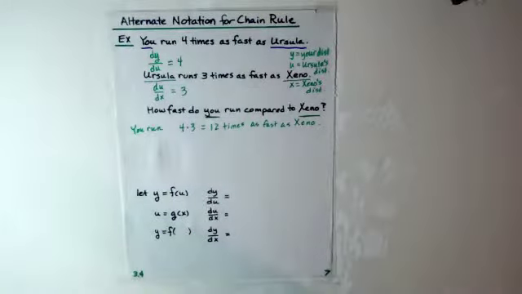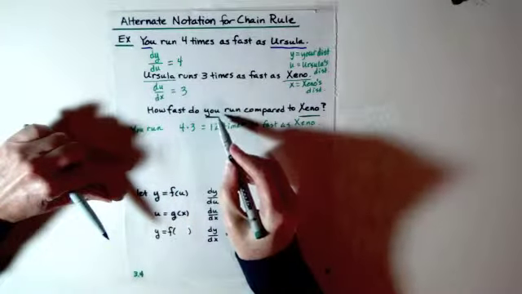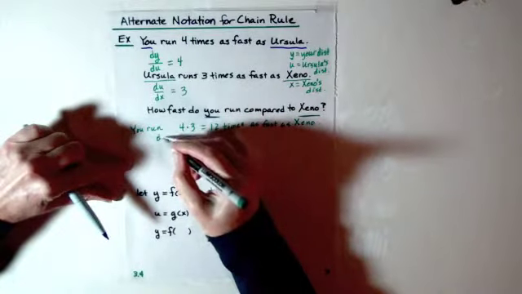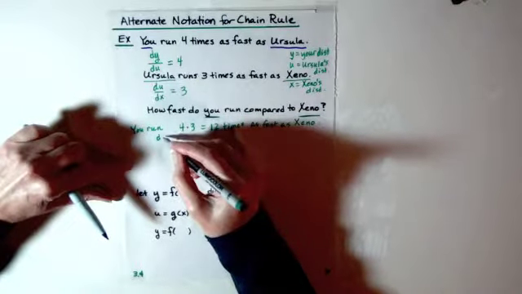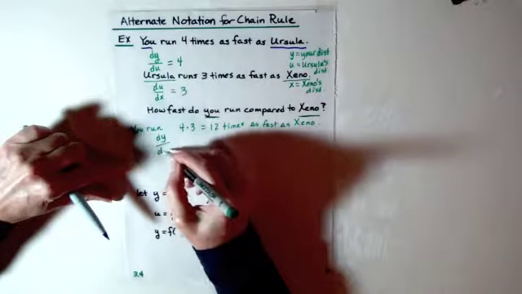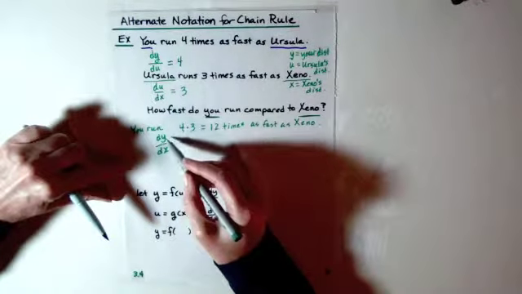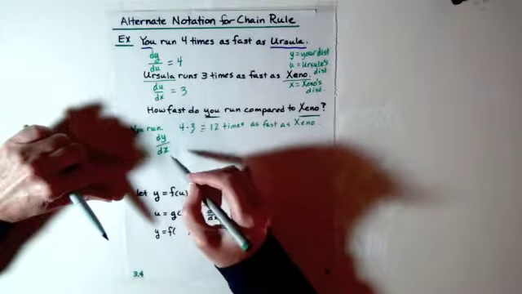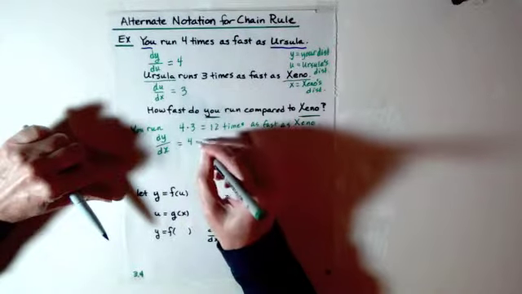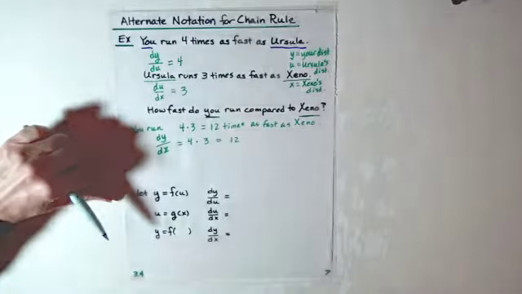Well, let's also write that down in symbols. If I want your rate of running compared to Zeno, I would write that as the rate that your distance changes compared to Zeno's distance. So I would write that as dy dx. That's the rate of change of y with respect to x. And what we just got through saying is that's 4 times 3, or a total value of 12.